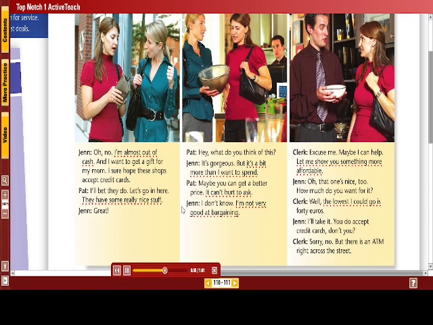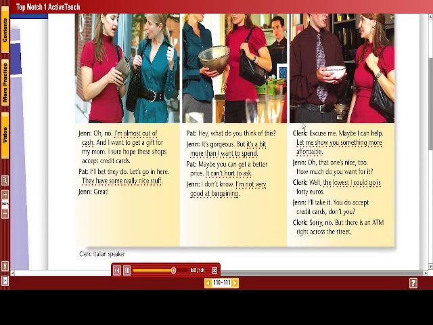I don't know. I'm not very good at bargaining. Excuse me, maybe I can help. Let me show you something more affordable. Oh, that one's nice too. How much do you want for it? Well, the lowest I could go is 40 euros. I'll take it. You do accept credit cards, don't you? Sorry, no. But there is an ATM right across the street.